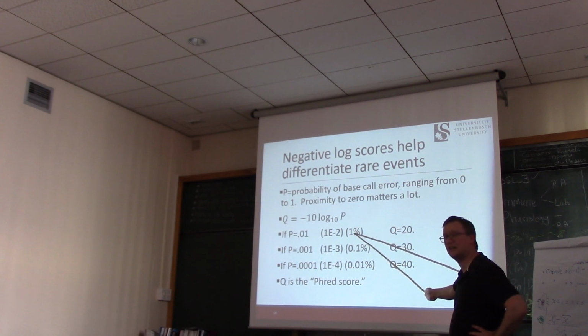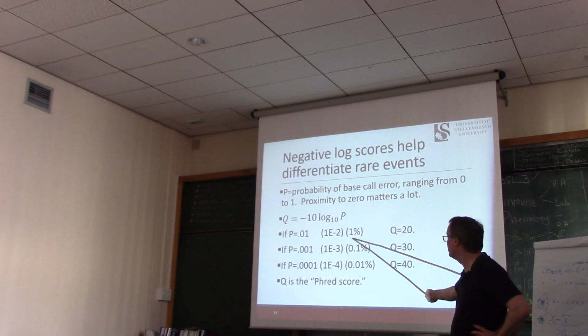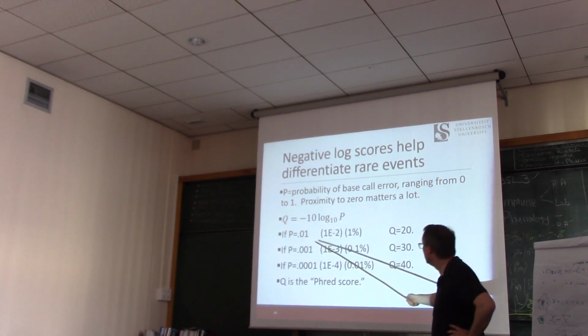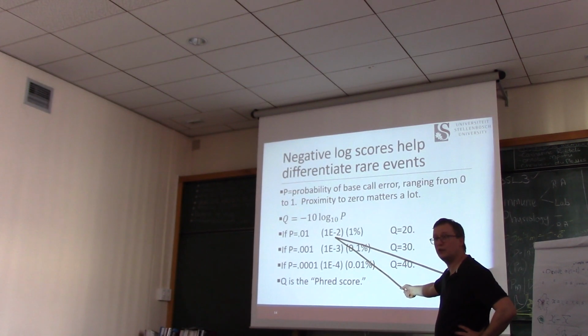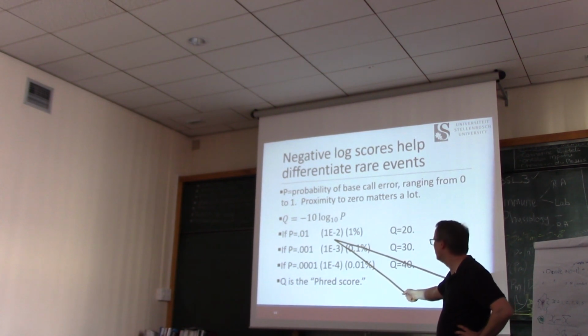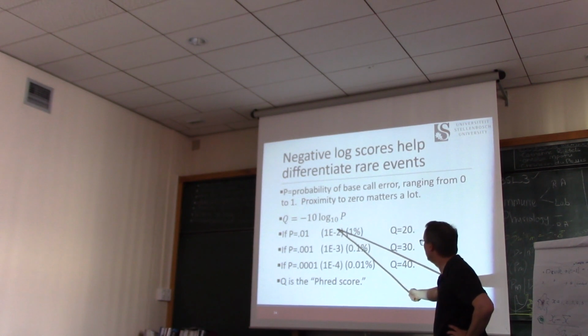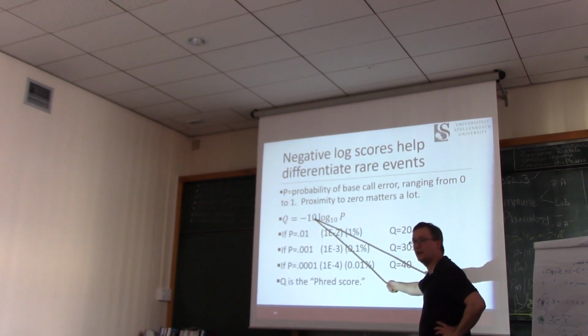If I have a 1% chance of error, that's the same thing as 0.01. Everyone remember that? 1%, 0.01. In scientific notation, you would write that as 1e minus 2. Does everyone remember that from high school? 1e minus 2. Okay, so just grab this minus 2 part and multiply that by negative 10.